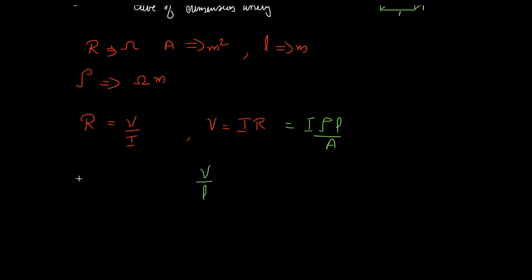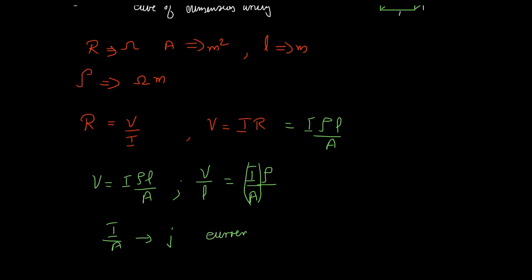V by L, V equal to I into rho L by A. So V by L equal to I into rho by A. And this I by A is termed as current density. It is represented by the symbol J, current density J.